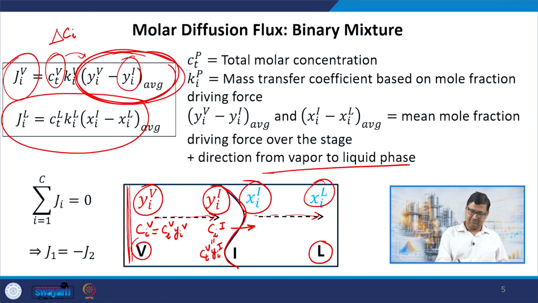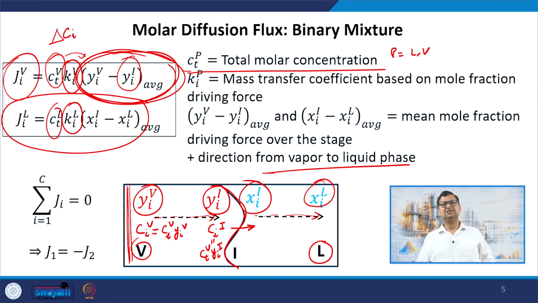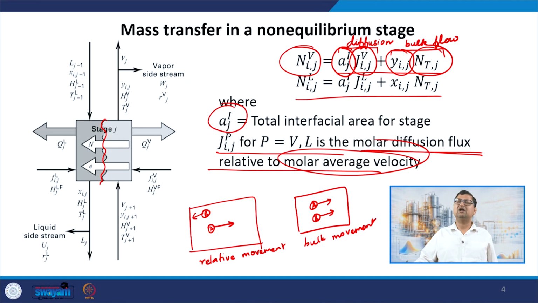Now, we have the total concentration in the liquid and vapor, that is why I say CTP, where P can be L or V. These K values that we have here, these are my mass transfer coefficients, again based on the mole fraction driving force, right. The driving force again I can also define in terms of the difference in, let us say, mass fraction, right? But we are defining it with the mole fraction. We are also defining the J with respect to the molar average velocity.